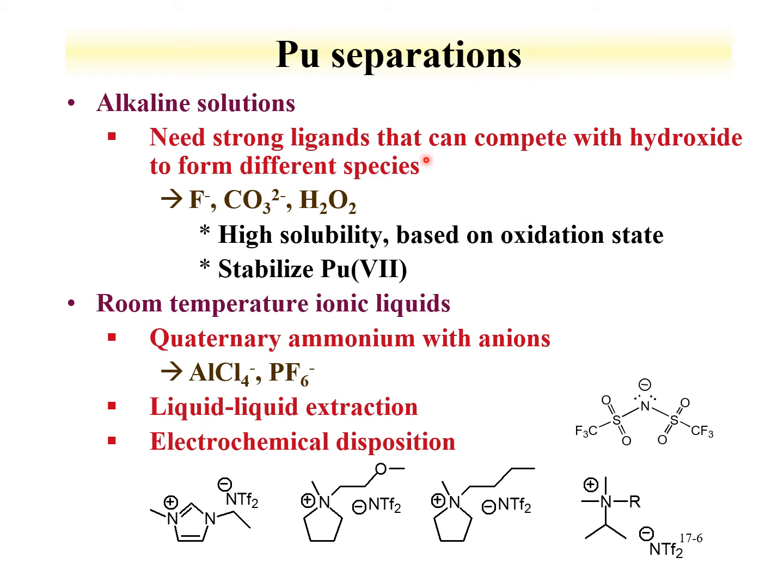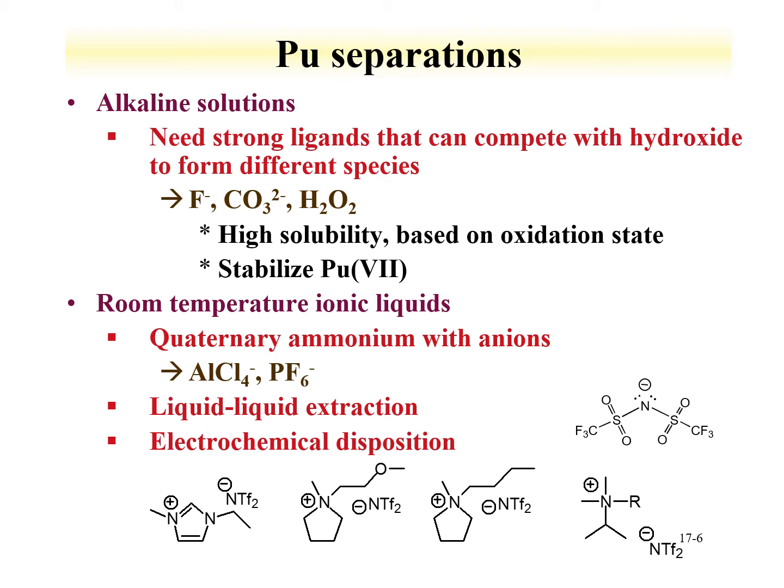You can get high stability based upon the higher oxidation states that can be achieved with plutonium, and there are also conditions where plutonium-7 can be stabilized, and this compound can be used in this species as a route for separating plutonium from metal ions in a solution. And particularly with an alkaline system, so that you can get soluble plutonium species with precipitates of other metal ions.